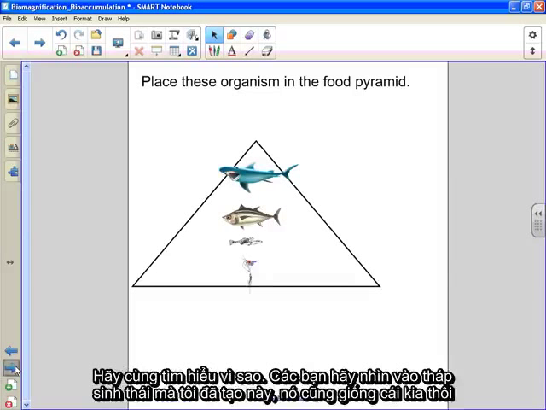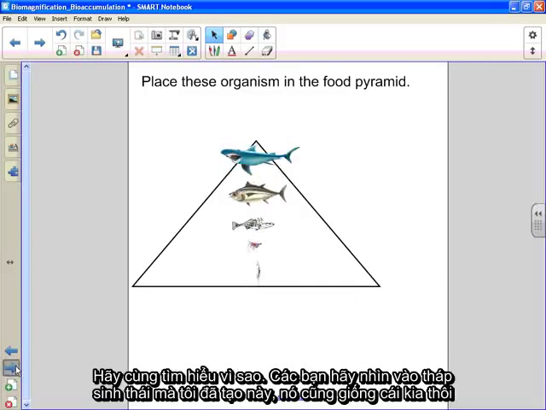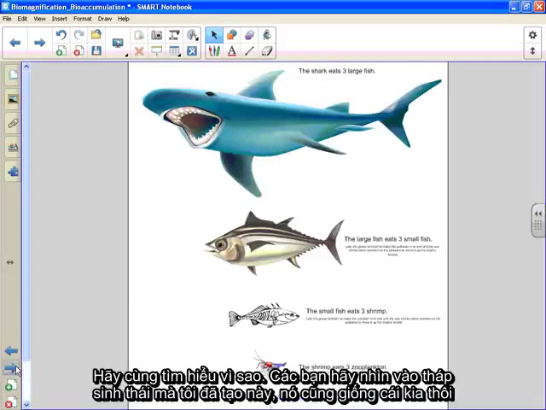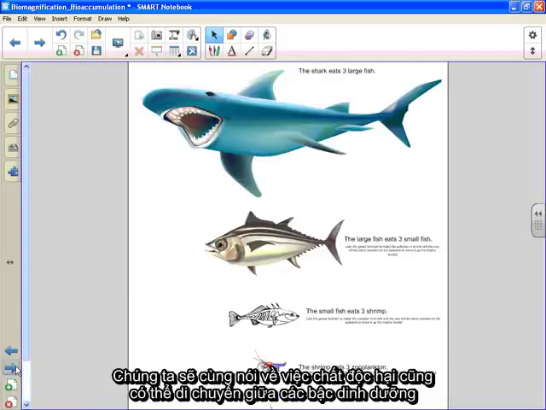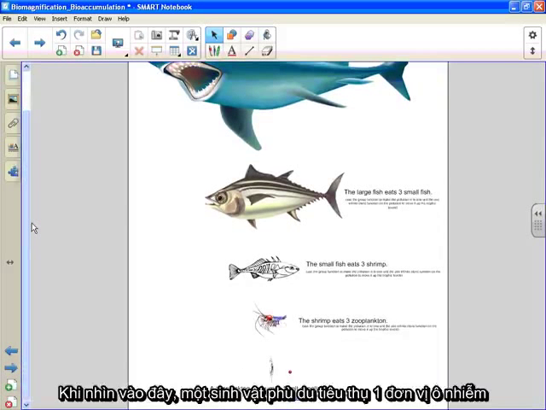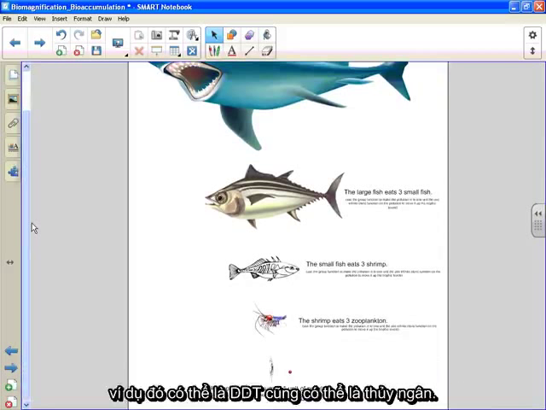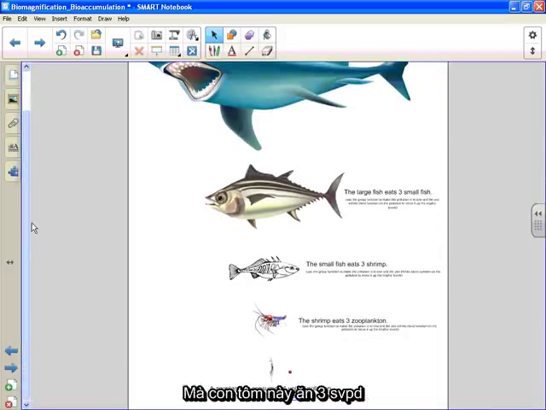Now let's see why. So let me show you my food pyramid. We do it exactly the same. This is what we're going to start talking about: how pollutants can move through the trophic level. So when we look at it, zooplankton consumes 1 unit of pollution, whether it's DDT or mercury, just as an example. And this shrimp eats 3 zooplankton.